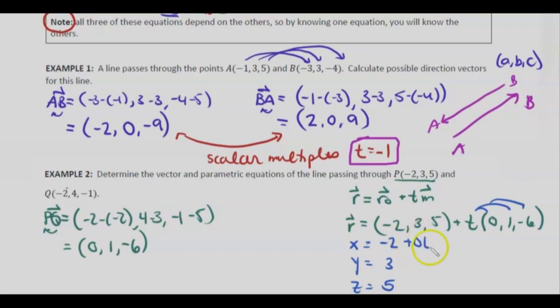So plus 0t, you don't actually have to leave that in, that's fine. You can just put x equals -2, plus 1t, and then minus 6t. Okay, this is a vector equation. And these are parametric equations.